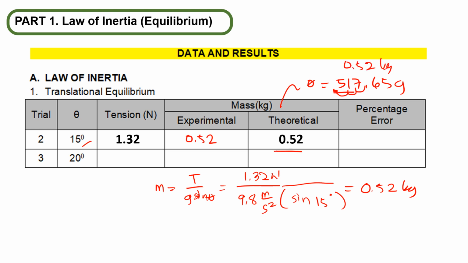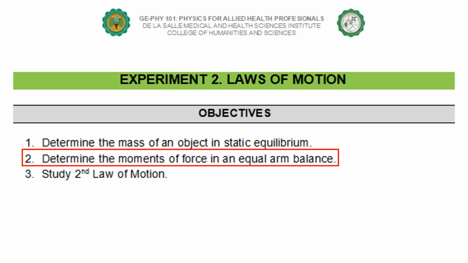Since this is 0.52, this is also 0.52, so the percentage error should automatically be 0%. Again, the formula is 0.52 minus 0.52 over the theoretical value, which is also 0.52, times 100, absolute value. This is equal to 0. So this is the percentage error, and this is the first part of experiment number 2.